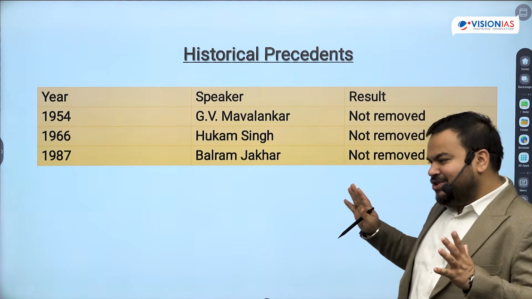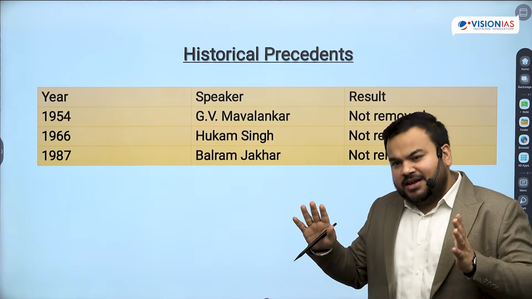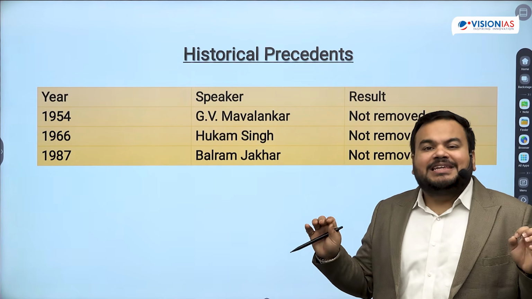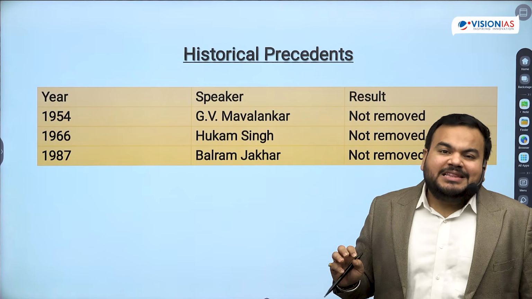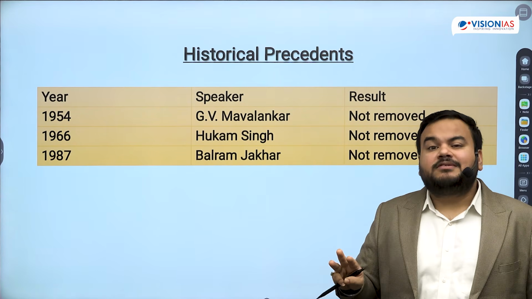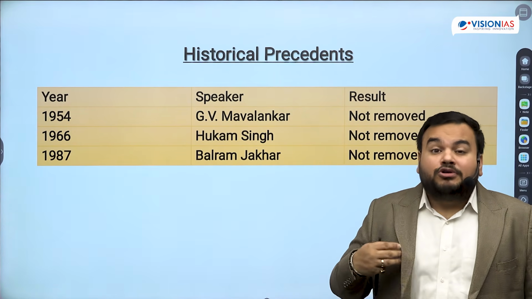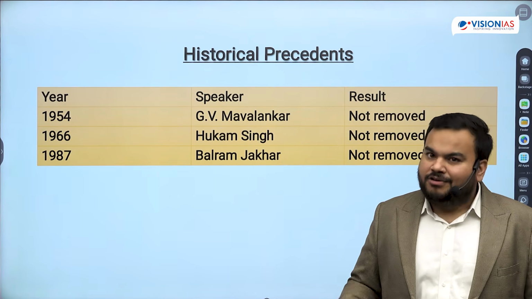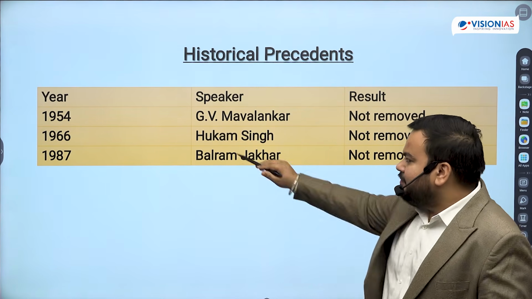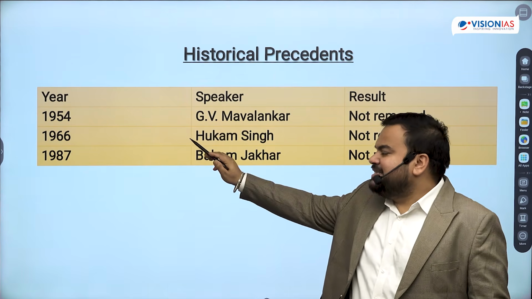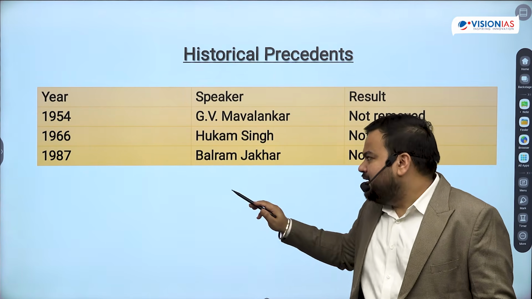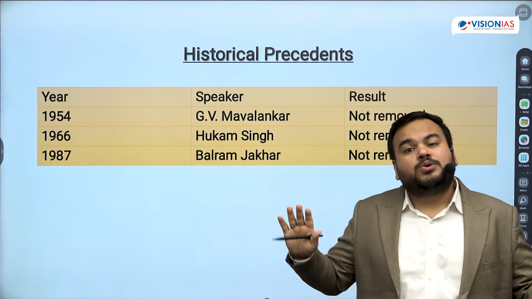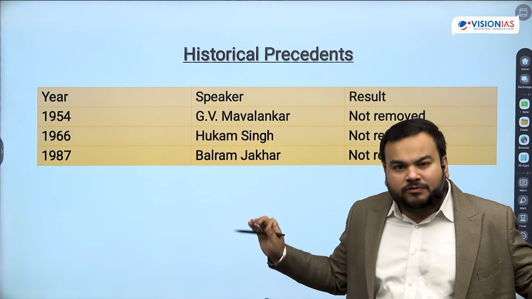And again, this is where UPSC has been asking questions of a factual nature. Till now, there have been 3 cases in history where a motion has been introduced for the removal of the Speaker of Lok Sabha. That happened in 1954, 1966 and 1987. And none of these motions have been passed and no Speaker has been removed till now.